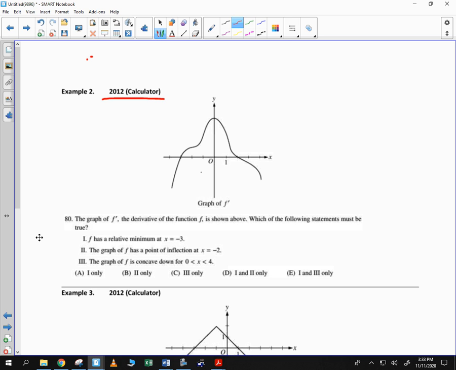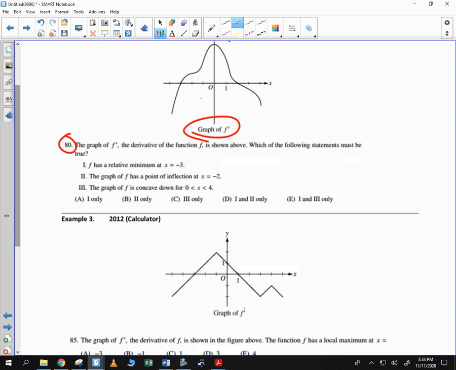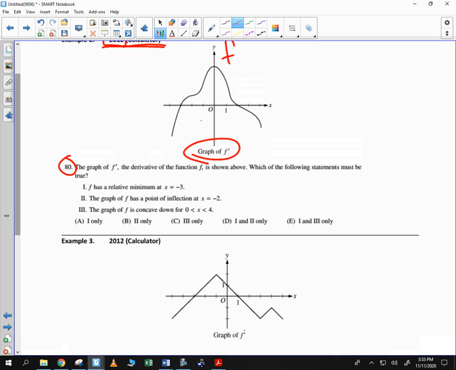2012. So this is problem number 80 from the 2012 exam, and you were allowed to use a calculator. And the first thing I want you to notice, you're given a graph of f prime. You always want to look at what graph you are given: f prime, f double prime. This is f prime. It says the graph of f prime, the derivative of the function f, is shown above. Which of the following statements must be true?